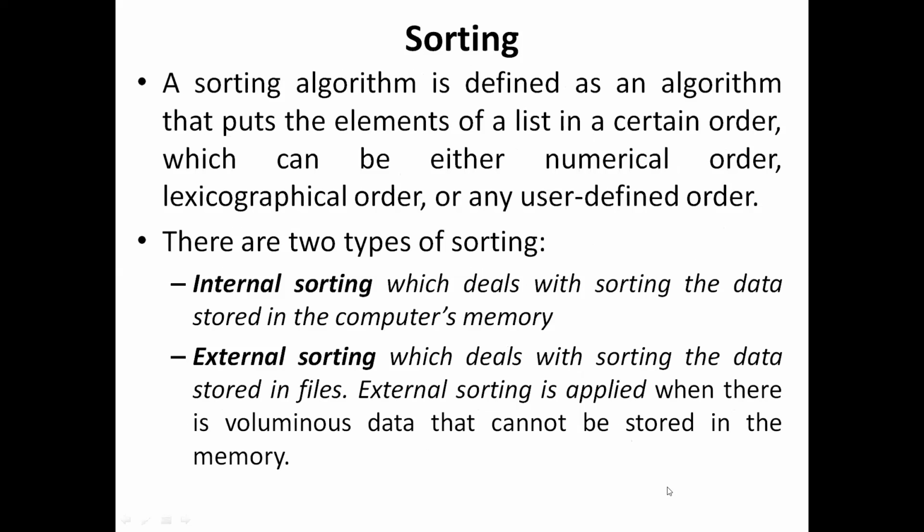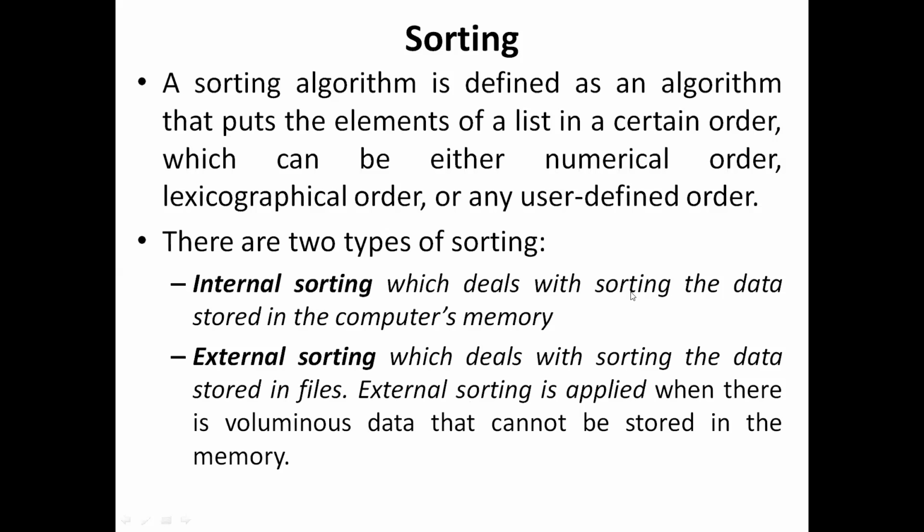As we all know, sorting is a kind of technique where we order the elements in some manner. A sorting algorithm is defined as an algorithm that puts the elements of a list in a certain order, which can be either numerical order, lexicographical order, or any user defined order.